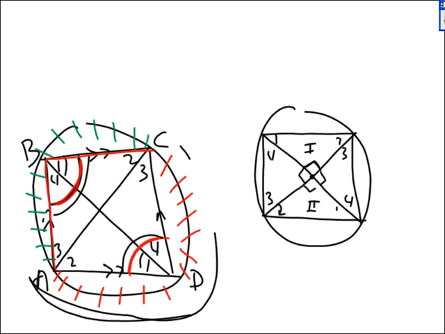But more importantly, diagonal BD and diagonal AC bisect one another. That is, this length right here is equal to this length. Oh, and not only do diagonals bisect each other in parallelograms, they are the same lengths. That is BD and AC, same lengths. So that means that AC got cut in half. Those four sides are the same.